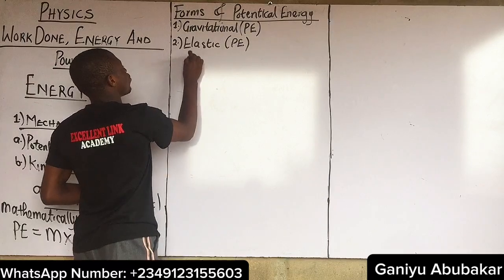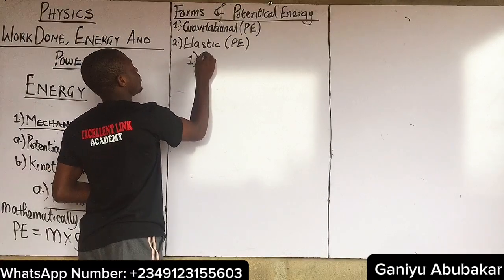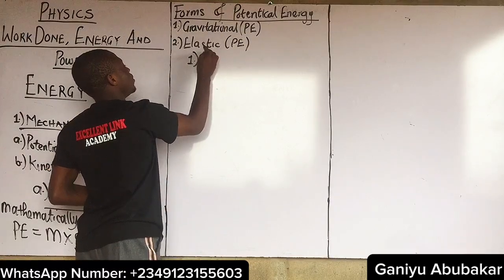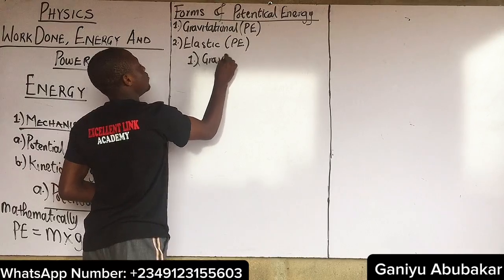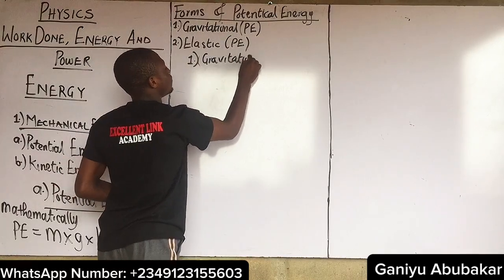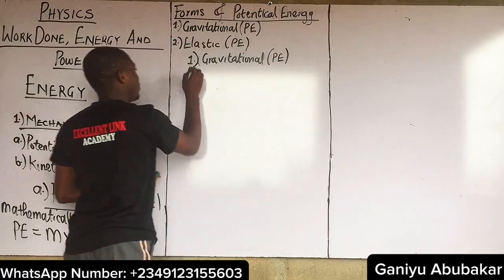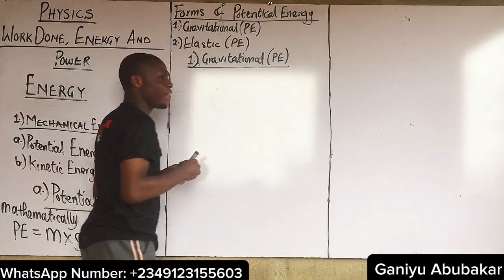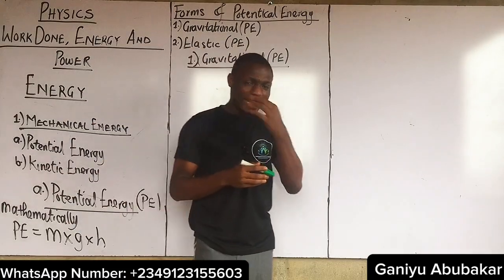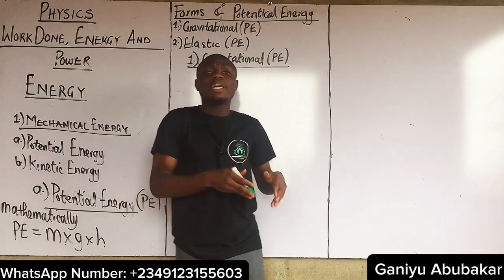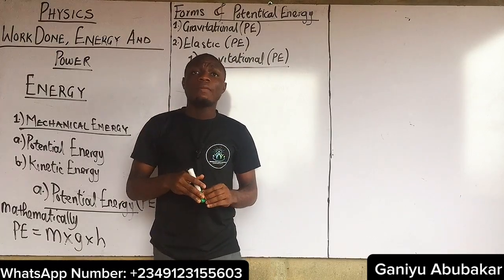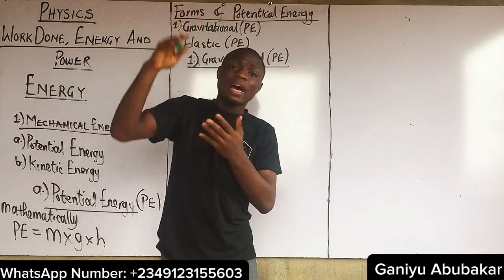Let's start with the first one called gravitational potential energy. By definition, gravitational potential energy is simply the energy possessed by a body placed at a particular height.